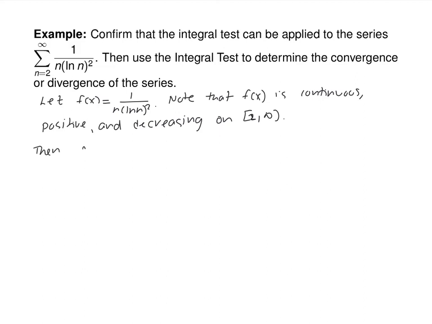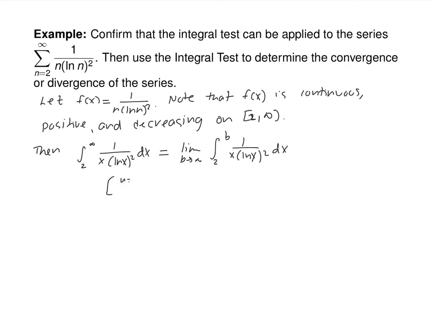So then the integral from 2 to infinity of 1 over x ln of x, the quantity squared, dx. That's the same thing as the limit as b goes to infinity, 2 to b, 1 over x ln x squared dx. Okay, substitute again.